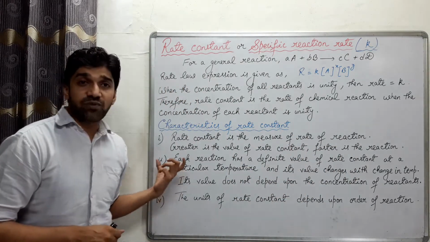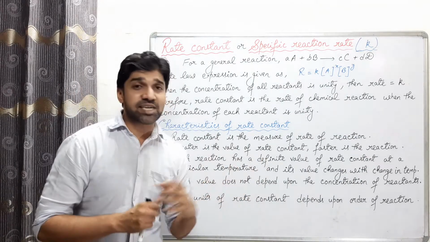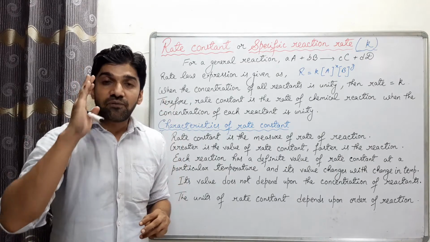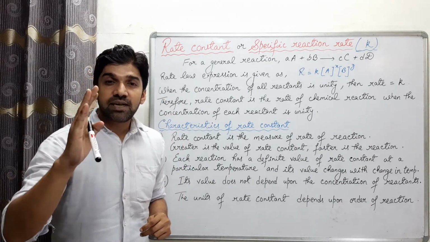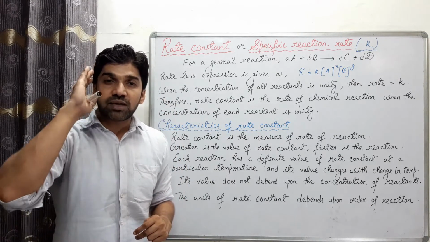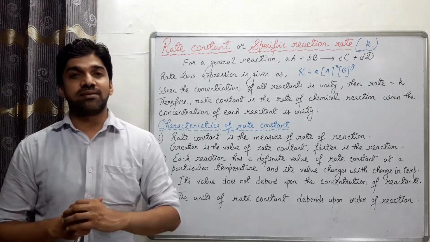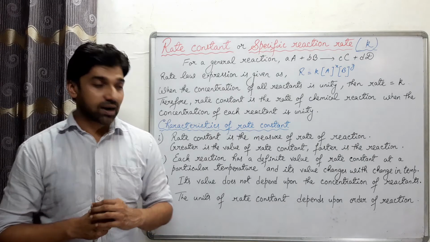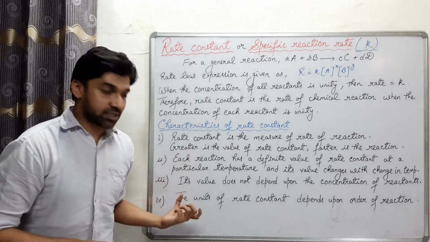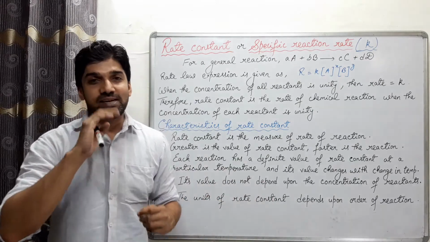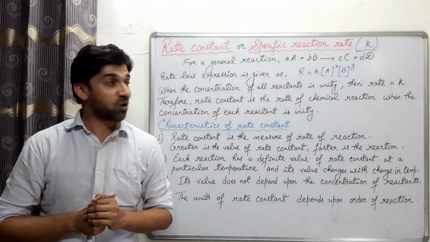Third, its value does not depend upon the concentration of reactants. So the value of rate constant is fixed for a particular reaction and it will not depend upon the concentration of the reactants for that reaction. Clear? And last, its units: the units of rate constant depend upon the order of reaction. Now what is order?